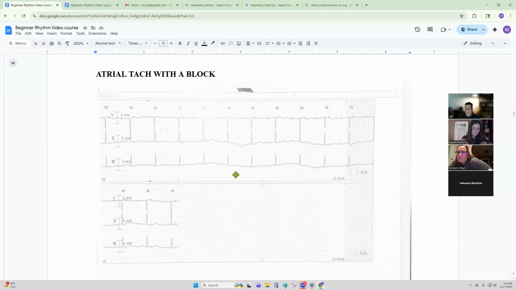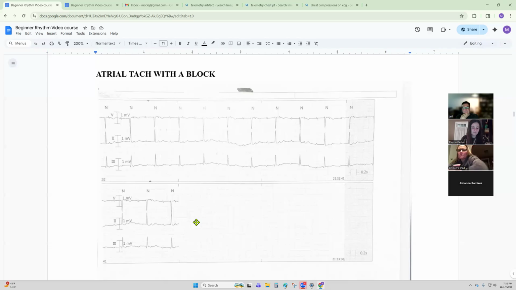No SVT ever comes from the SA node. It can't come from the junctional chamber, but 99% of SVT comes from the atrial chamber because that is the excited cell. The excited cell in the SA node is never sudden onset. It can be sinus tach, but it's not an SVT. You've got to have that different P wave though.